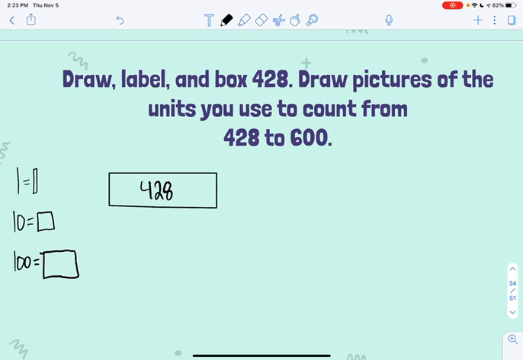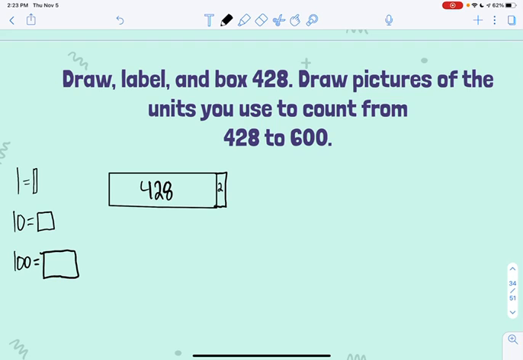So I'm going to try it a cool way, more like in your head kind of way. 428, I know that 8 is 2 away from 10, so instead of doing one ones block, I'm going to do 2 at the same time. Now, we're at 430.